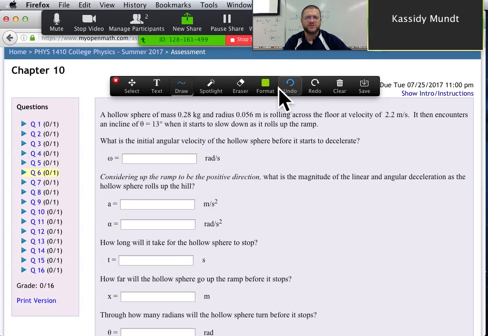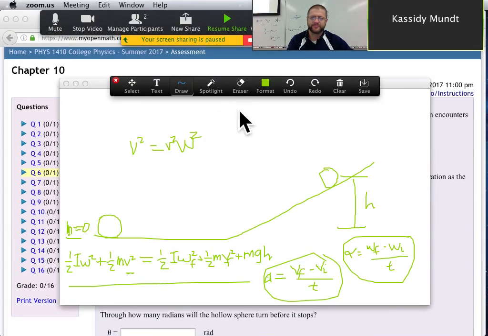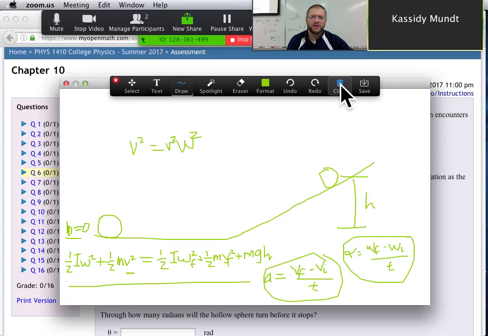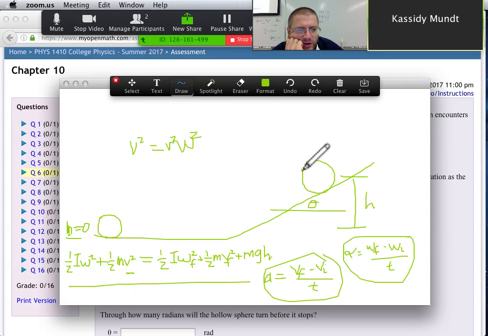We used this once or twice, but let's look at it really quick. As you're going up the hill, you have this different kind of thing going on. So here's our hill, here's our angle theta right here, right? And there is a force on this side.